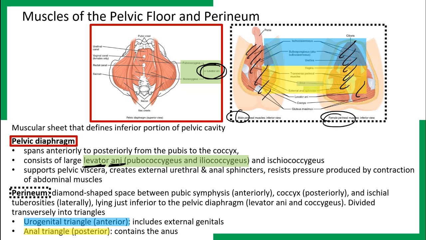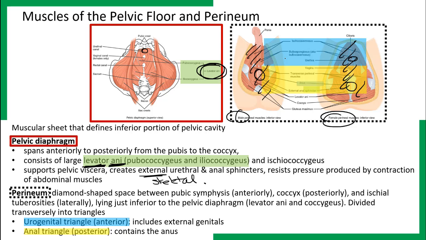So this pelvic diaphragm helps to support the viscera, the internal organs in the pelvis, and helps to create the external urethral and anal sphincters, which are made out of skeletal muscle. So you can see here, this is the urethral opening here, right? And then the anus is over here, so that helps to create the external urethral and anal sphincters.